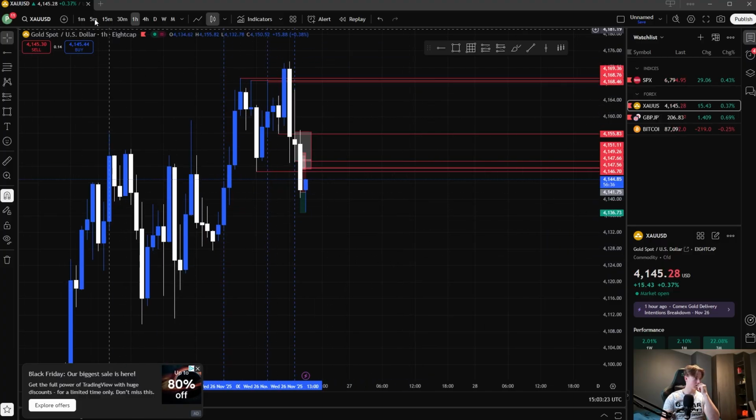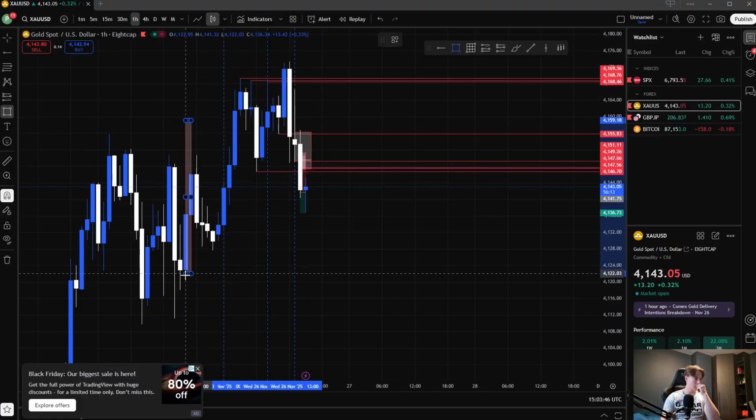Okay, that's the 1 hour. So liquidity sweeps over here, way down. Break of structure happening over here. There's an order block over here. Well, order block over here. Breaker block. It filled those. It filled the order. Okay.